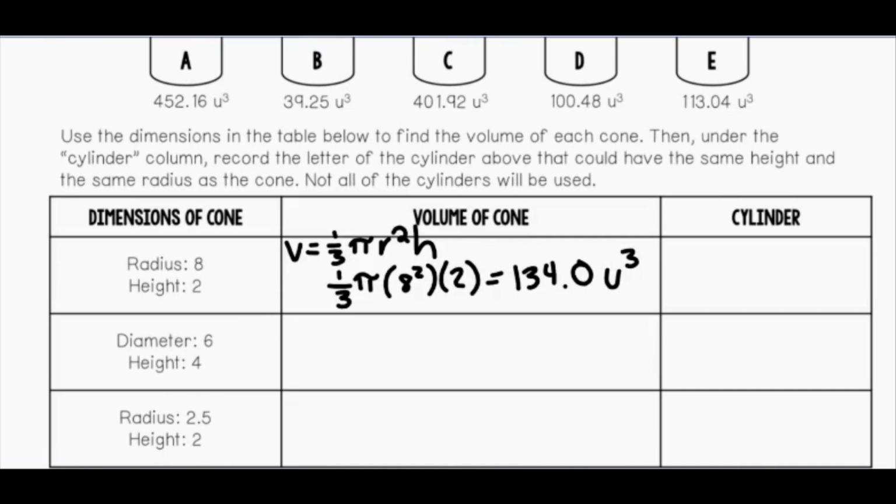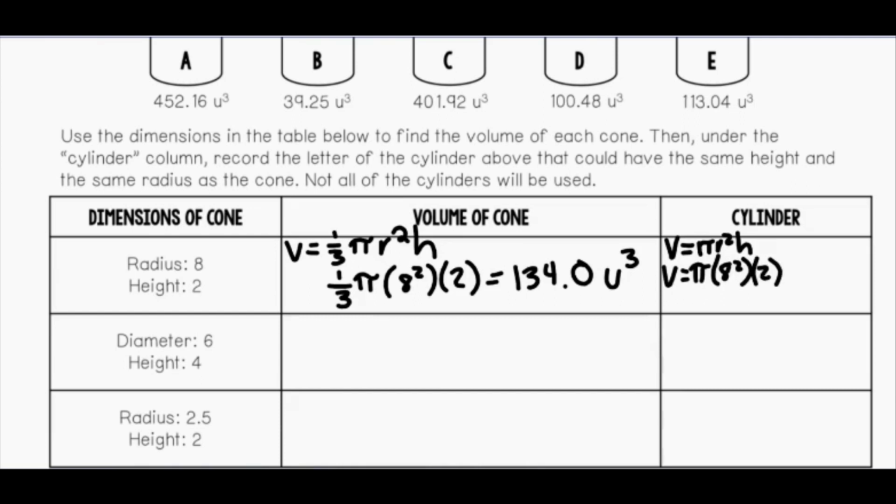To find the volume of the cylinder with the same height and the same radius, you could do one of two things. One, you could use the volume of a cylinder, which is pi r squared times height, and plug in your values. Pi, radius is 8 squared times the height, which is 2.